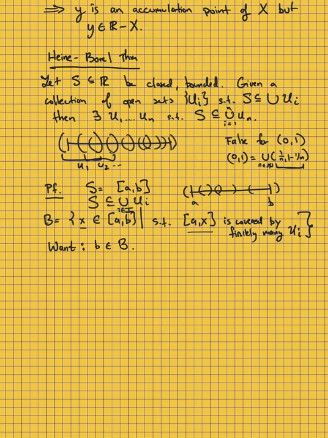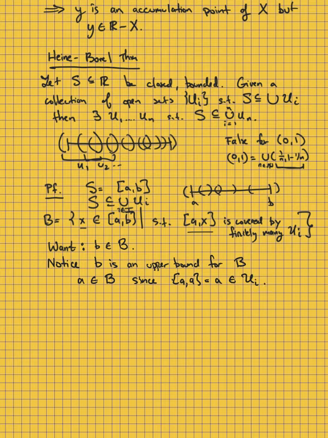So notice, of course, first, b is obviously an upper bound for B. And also notice that A is an element of B, since you can take the interval AA, which is just A, and it is in some U sub I.